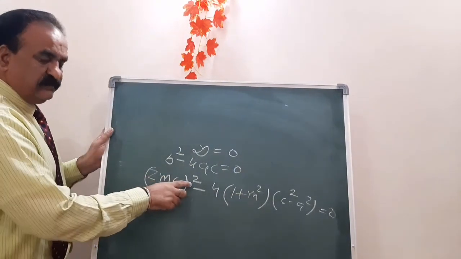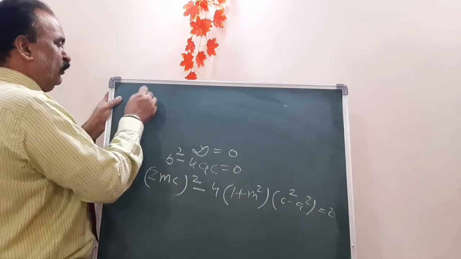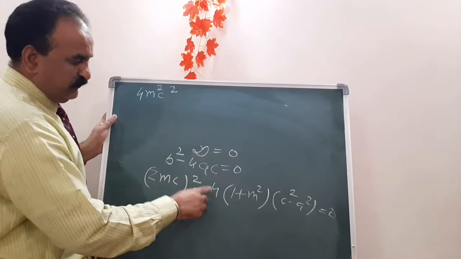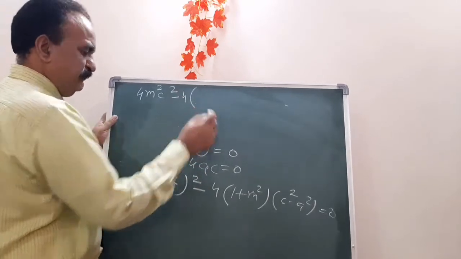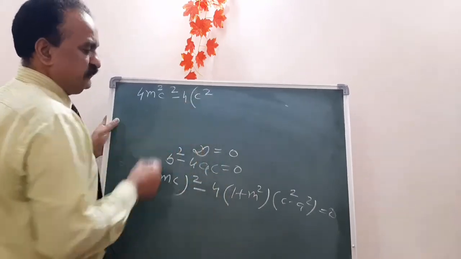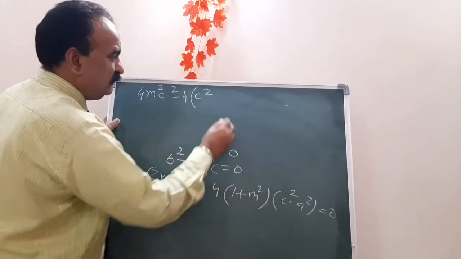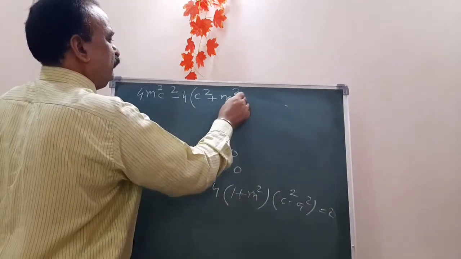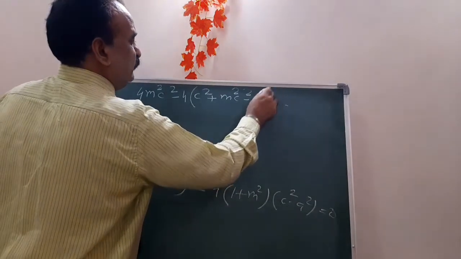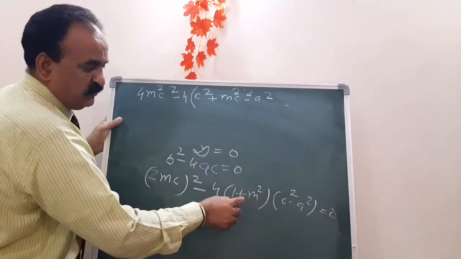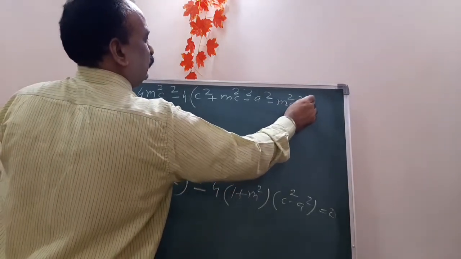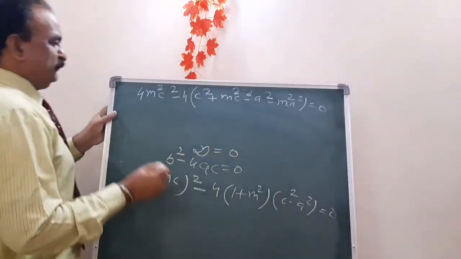Now (2mc) whole square means 4m square c square. Now you can multiply minus 4 into the bracket. Multiply these two terms: c square into 1, c square; c square into m square, m square c square; minus a square into 1, minus a square; minus a square into m square, so minus m square a square, equal to 0.